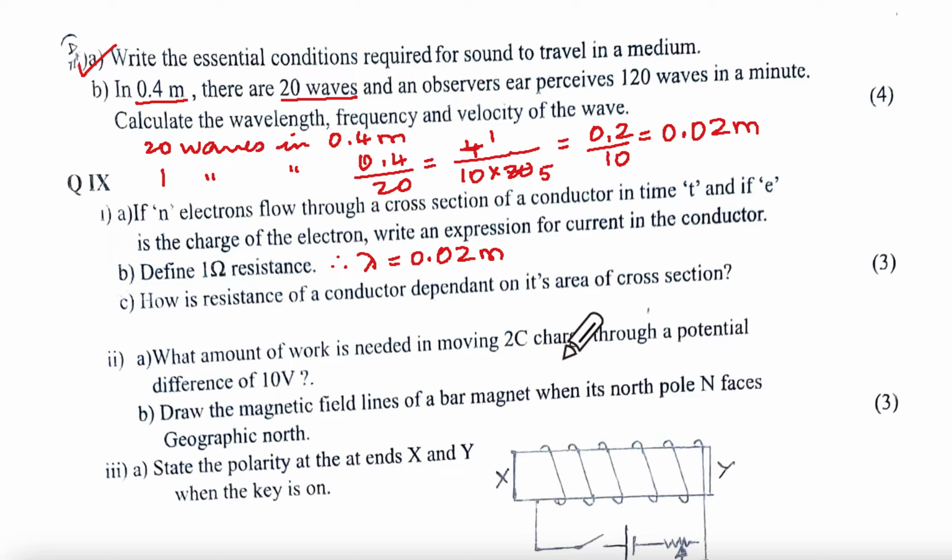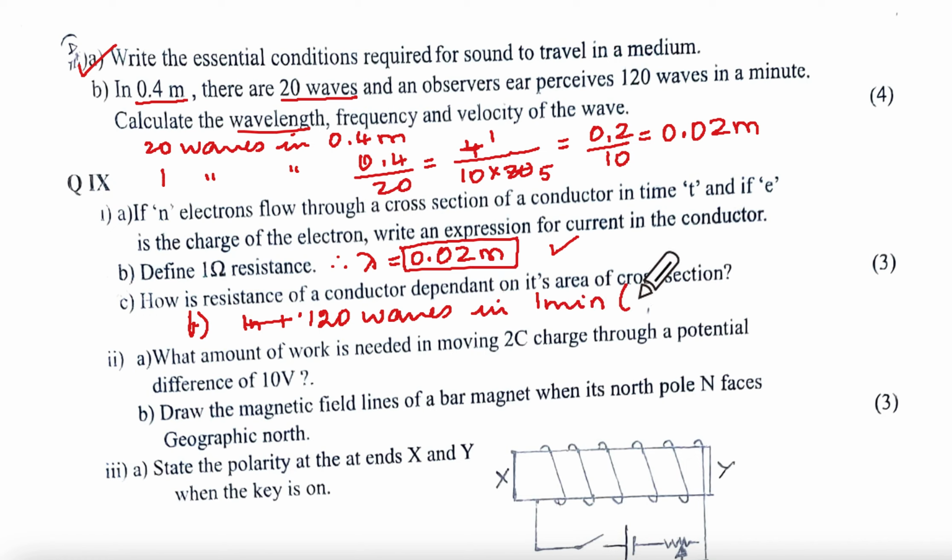Did you understand this part? Yes, ma'am. So this is your answer, but don't write lambda, write wavelength. Okay, so this is answer 1. 120 waves in 1 minute. So for the second part, we will say 120 waves in 1 minute, which means 60 seconds.